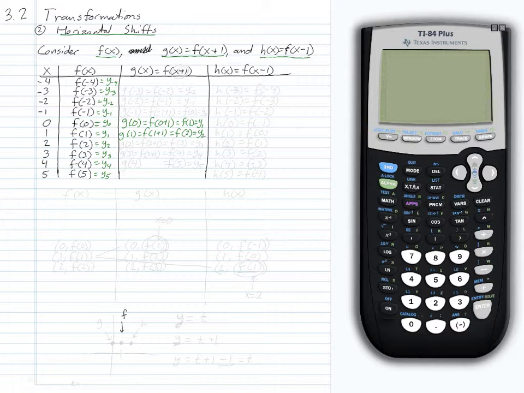Now we don't know what those numbers actually are, but we know that f of 1 is the output when x equals 1 in our original function. We'll keep going. g of 2, that would end up giving us 2 plus 1 inside the function f, which gives us f of 3, in other words, the y-coordinate of the original function when x is 3.